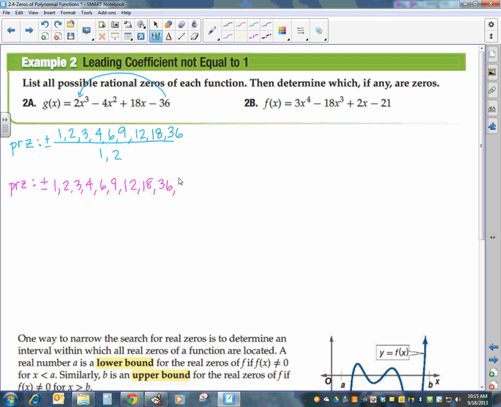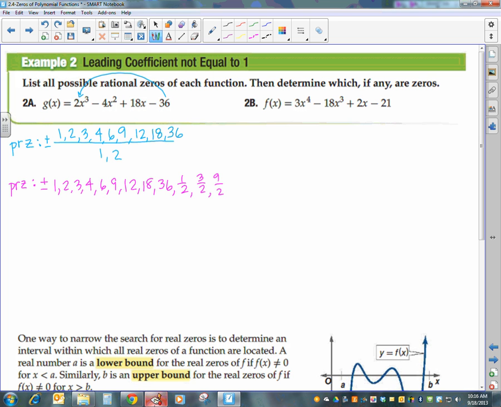So 1 over 2 is going to be 1/2. 2 over 2, 3 over 2, and so really all I need to worry about are the odd ones. 4 over 2 is 2, 6 over 2 is 3, 9 over 2, 12 over 2 is 6, 18 over 2 is 9, and 36 over 2 is 18. So those are all the possible rational zeros.